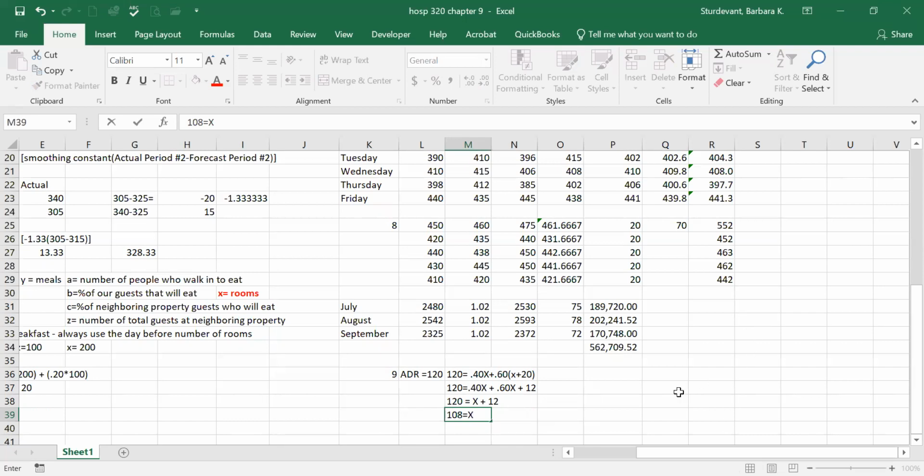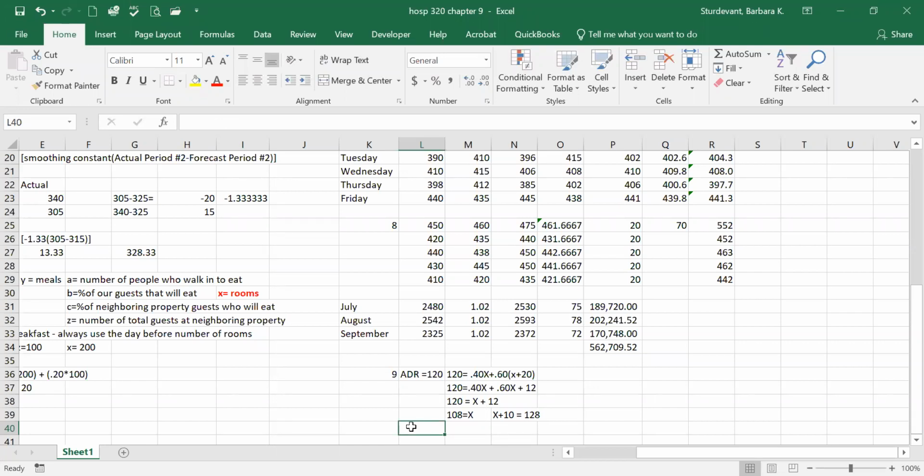So single rooms would be 108 and doubles would be the X plus 20, so would equal 128. We did a little bit of that when we were doing revenue management. So single rooms are 108, double rooms are 128.